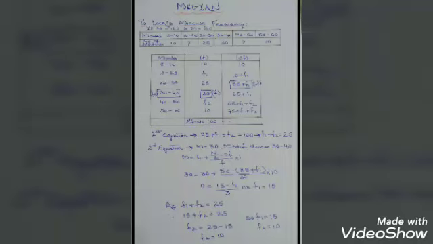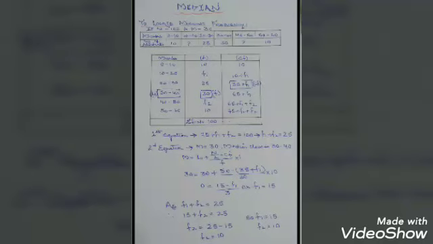Now there's a table which I have drawn for you, and in this table you have three columns. In the first column you have marks, in the second column frequency, and in the third column cumulative frequency. We have taken the marks as given: 0 to 10, 10 to 20, 20 to 30, 30 to 40, 40 to 50 and 50 to 60.